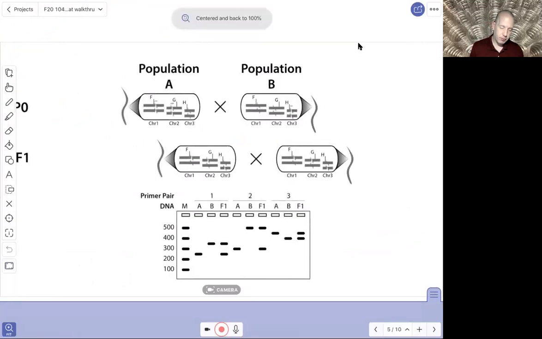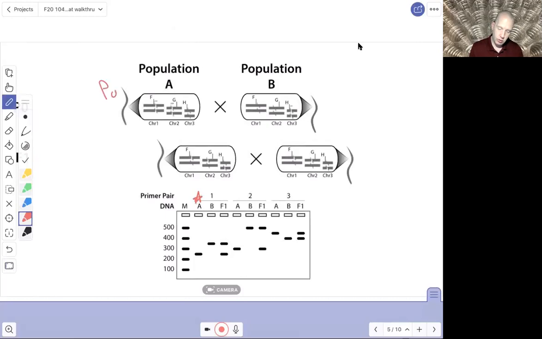So for example, let's take a look at population A. This individual, the P0 individual, is shown once for each primer pair. So in the lab, when you're using indel genotyping and gel electrophoresis to identify genetic incompatibilities, you need to take each individual and test it with each different primer pair, in this case 3.